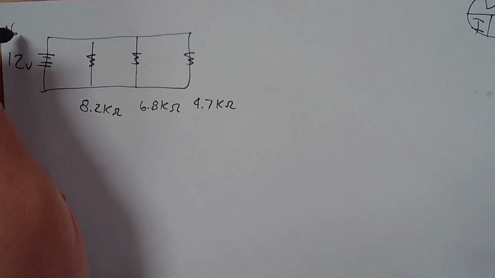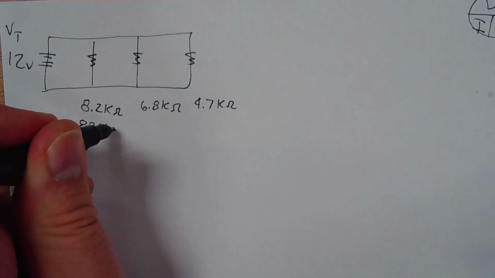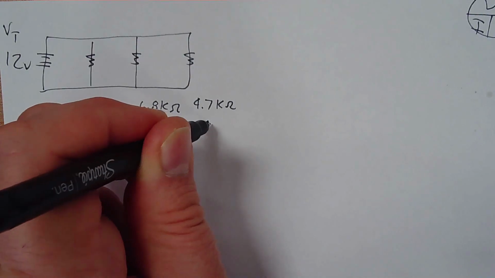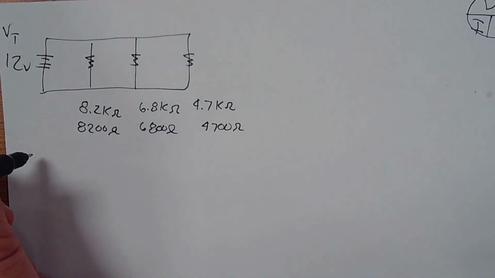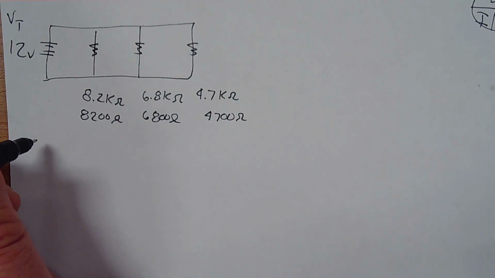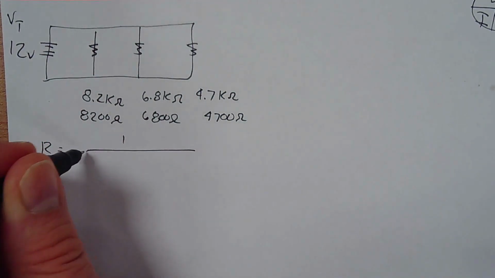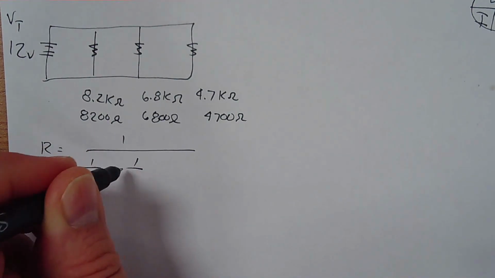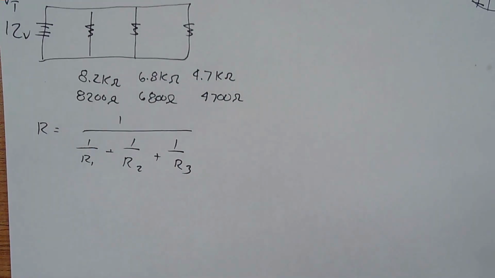Okay, so voltage total is equal to 12 volts. I'm going to rewrite these to 8,200 ohms, 6,800 ohms, and 4,700 ohms. So now let's figure out the resistance total. Okay, the formula is 1 over resistance total equals 1 over resistance 1 plus 1 over resistance 2 plus 1 over resistance 3.